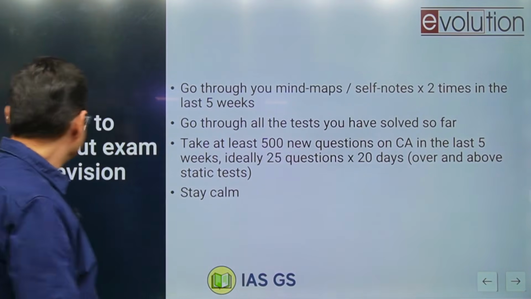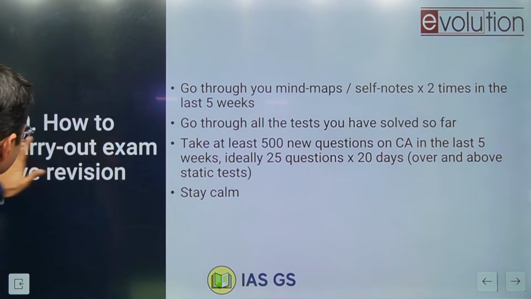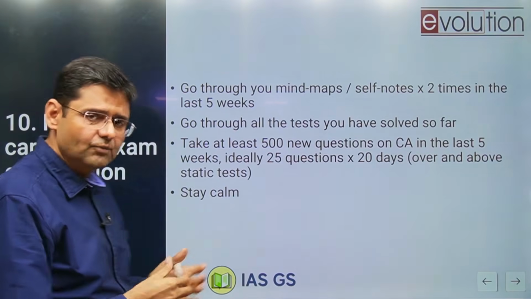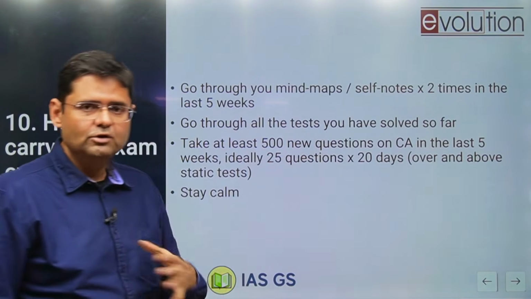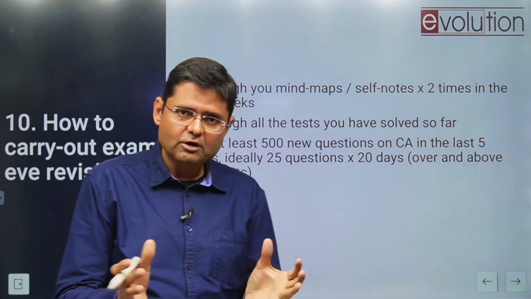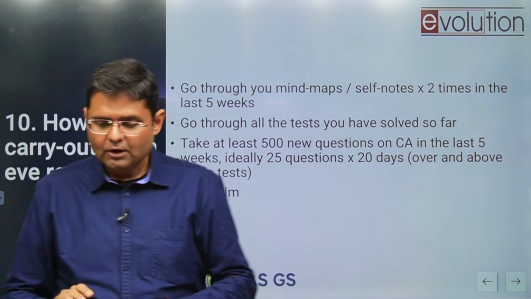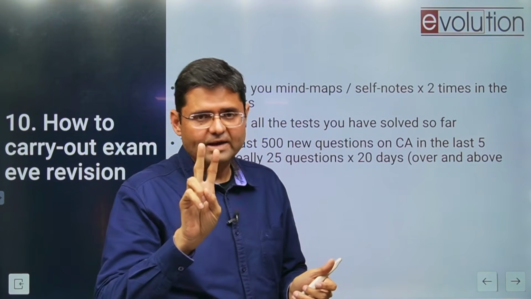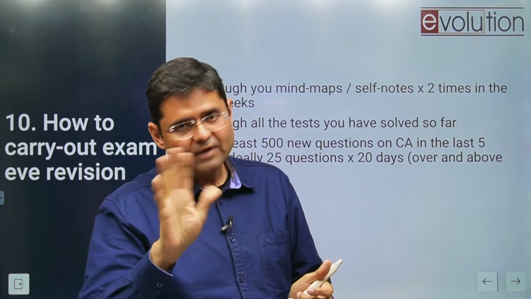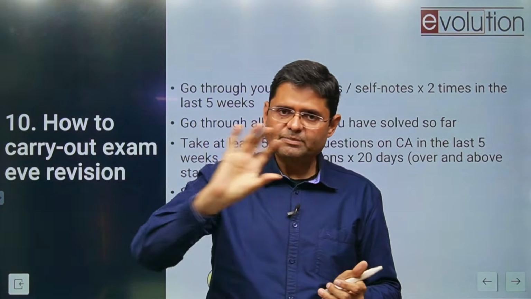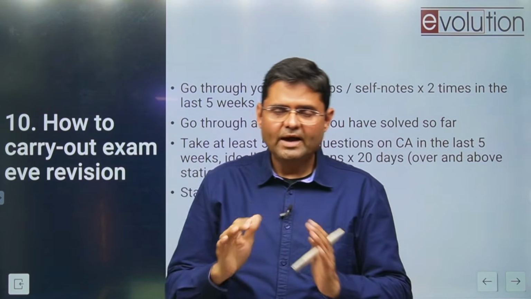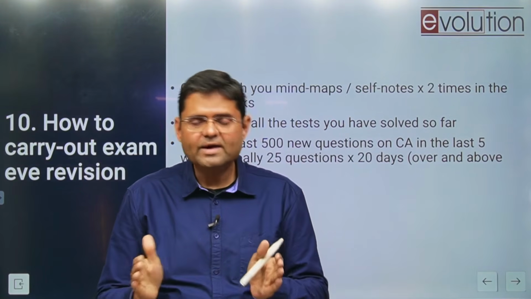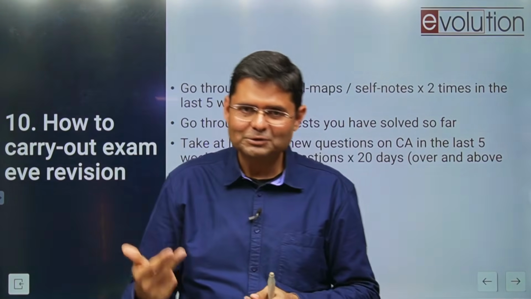That brings me to the last point, how to carry out examination eve revision. With respect to current affairs, because this video is about how to cover current affairs for prelims 2023, go through your mind maps or self notes 2 times in the last 5 weeks. 8 weeks you have spent on coverage, and whatever you have done in these 8 weeks, in the last 5 weeks, twice you have to go through that.